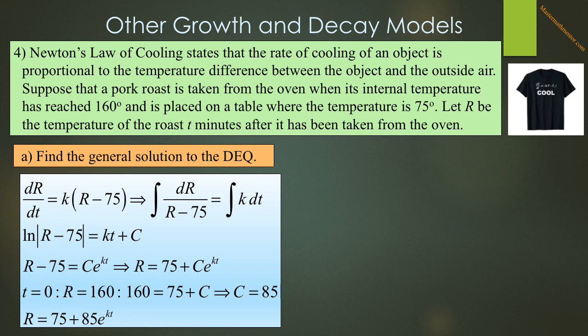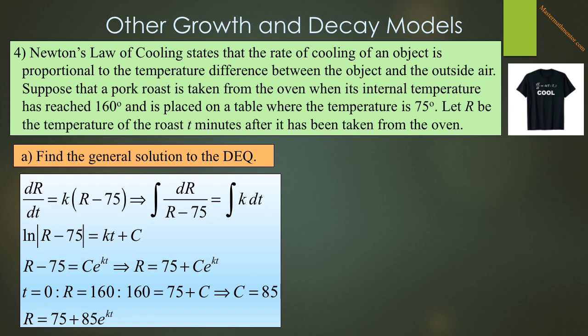We can separate this and write this as the integral of dR over R minus 75 is equal to k dt. Integrating, we get the natural log of the absolute value of R minus 75 is equal to kt plus c. R minus 75 is equal to c e to the kt, and R is equal to 75 plus c e to the kt.